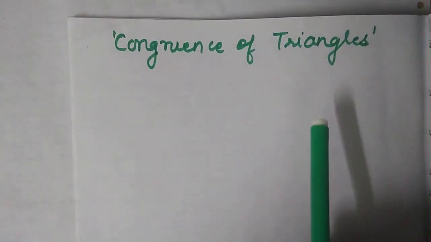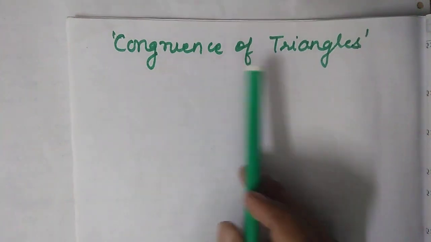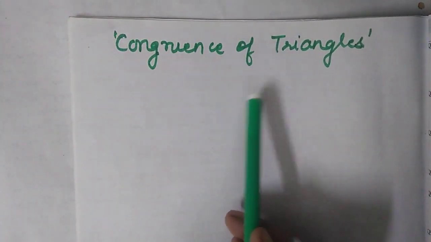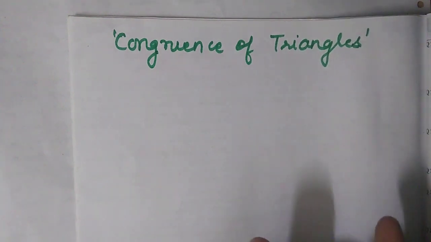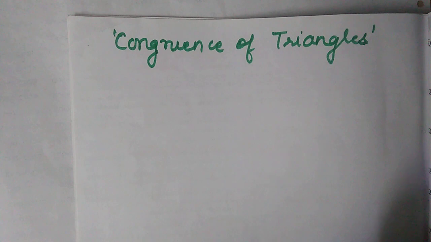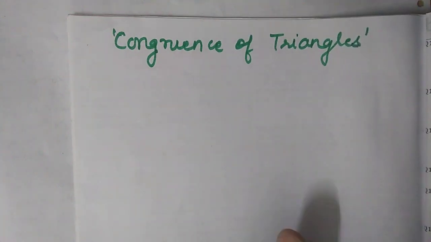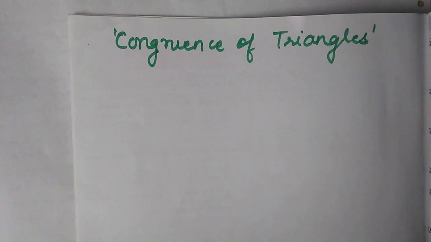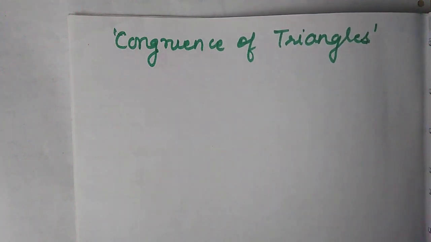Now let us learn congruence of triangles. We saw that two line segments are congruent where one of them is just a copy of the other. Similarly, two angles are congruent if one of them is a copy of the other. We extend this idea to triangles.